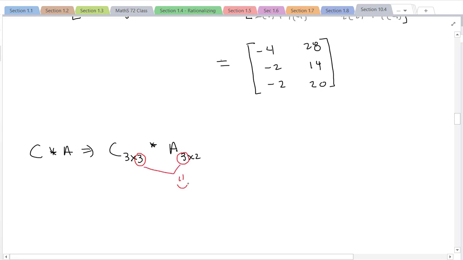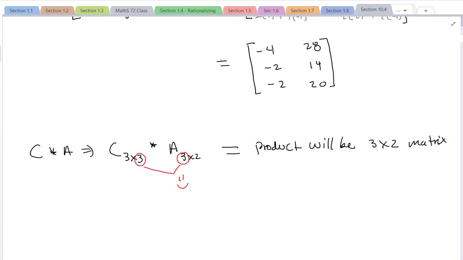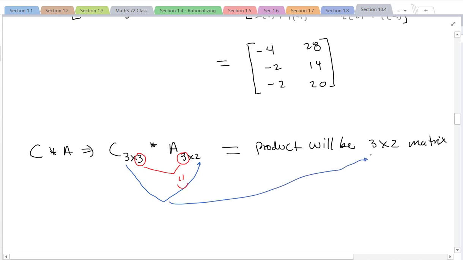So those are the same, so that means that we can do it, and the resulting product will be what dimension? It will be a 3 by 2 matrix. So you are left with the rows of the first one and the columns of the second one. That gives you the new dimension.